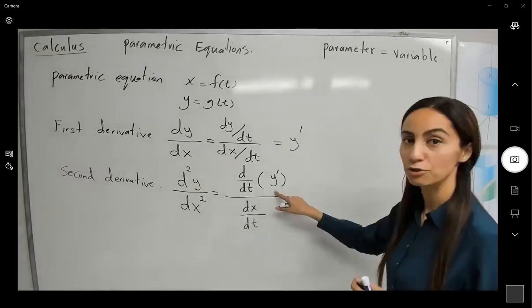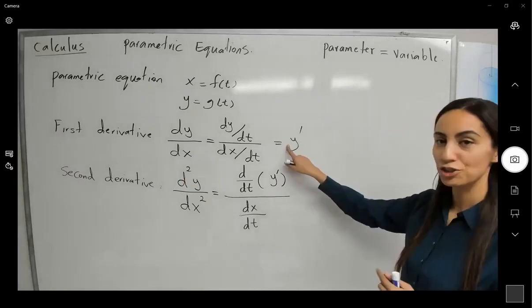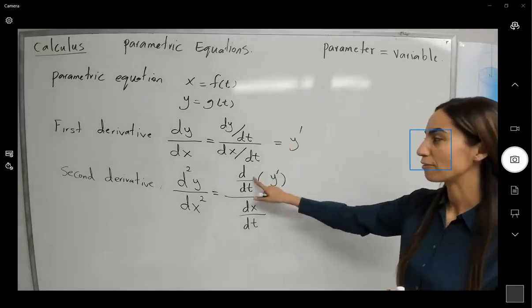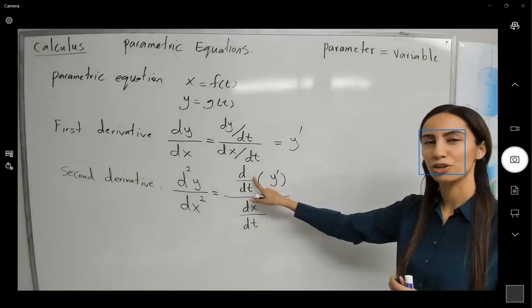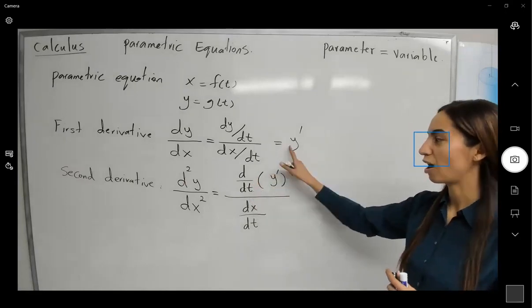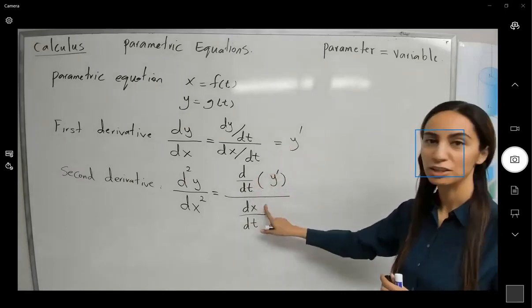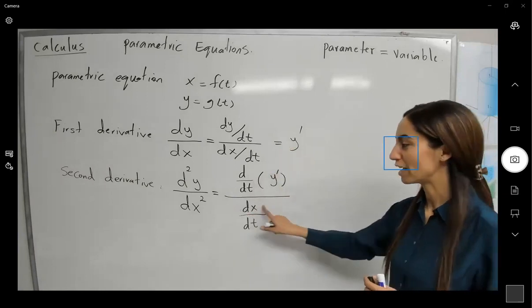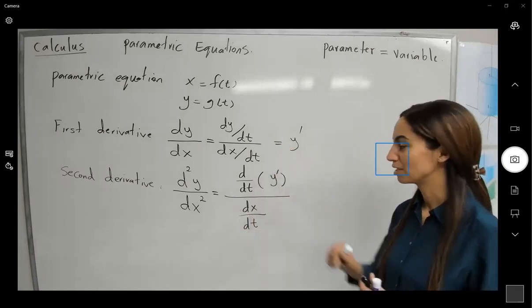So whatever you found in the first derivative, you have to take the derivative with respect to t of that and divide it by the derivative of x with respect to t.